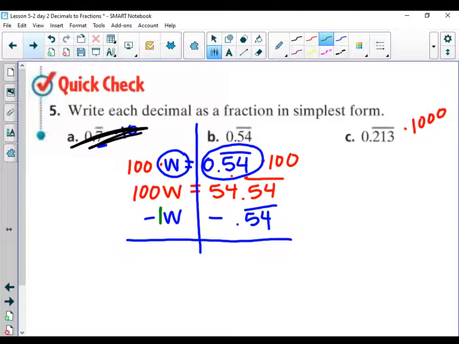Our friend 1 was hiding there. 100 W minus 1 W is 99 W. On the right side, you're subtracting just the repeating part, which leaves a whole number left.